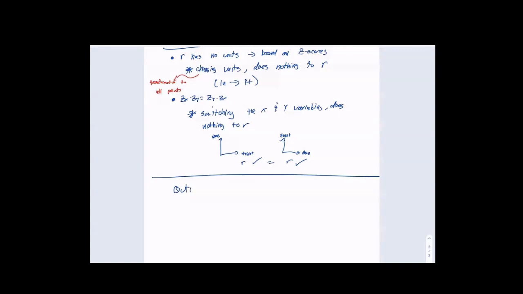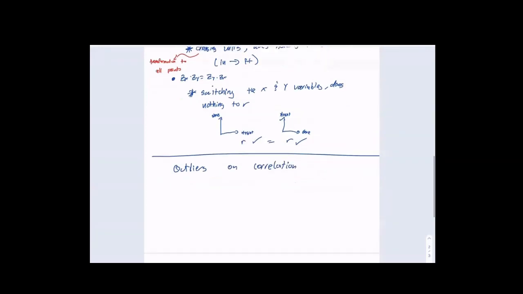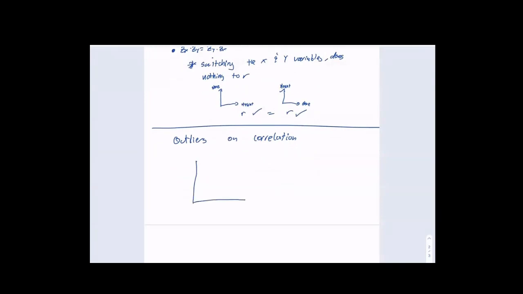Outliers. On correlation. There are two types of outliers.